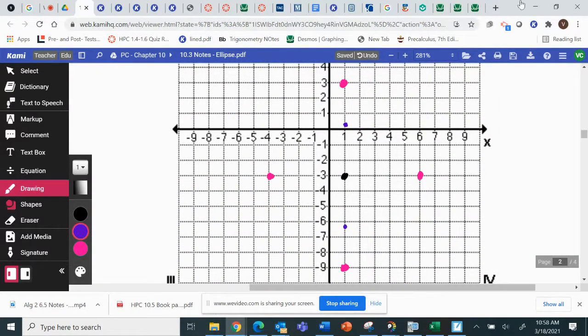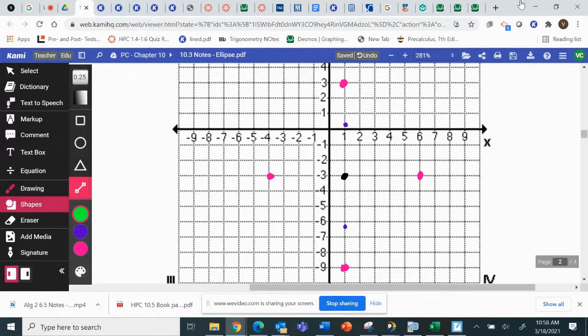Okay, then I'm going to use my shapes and make those rectangles so that my graph isn't completely ugly. Just give me some guidelines to follow.